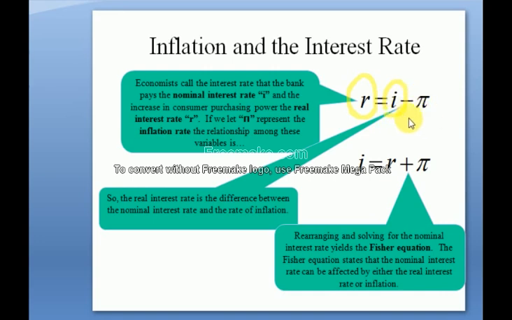So if we want to find the real interest rate, from the nominal interest rate I we subtract the inflationary effect pi, and in this way we find the real interest rate R.